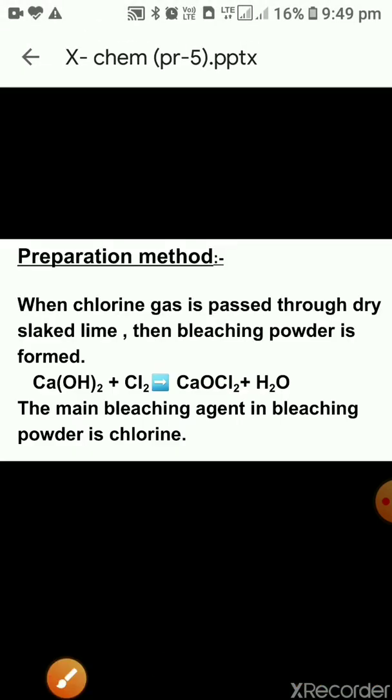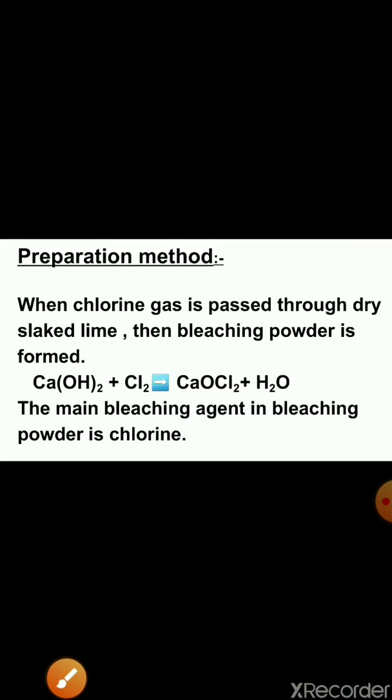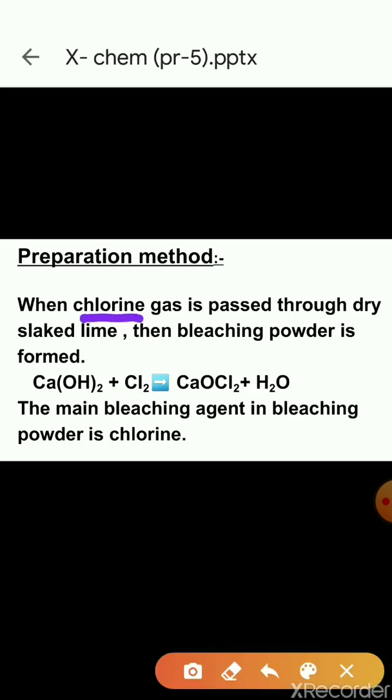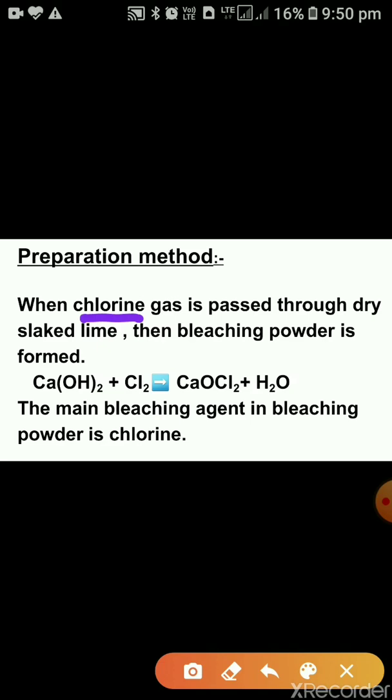The preparation method of bleaching powder is when chlorine gas is passed through dry slaked lime. What is slaked lime, children? Slaked lime means Ca(OH)2, or calcium hydroxide. Then bleaching powder is formed.